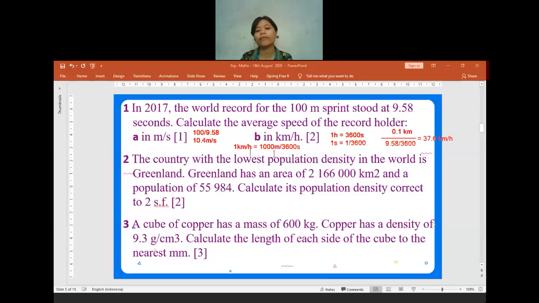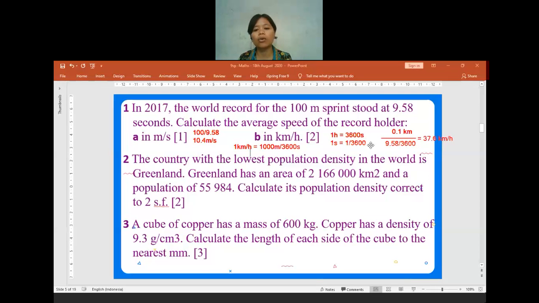In the other direction, if the value is given in meters per second and we want to change the unit into kilometers per hour, you can directly multiply by 3600 per 1000.